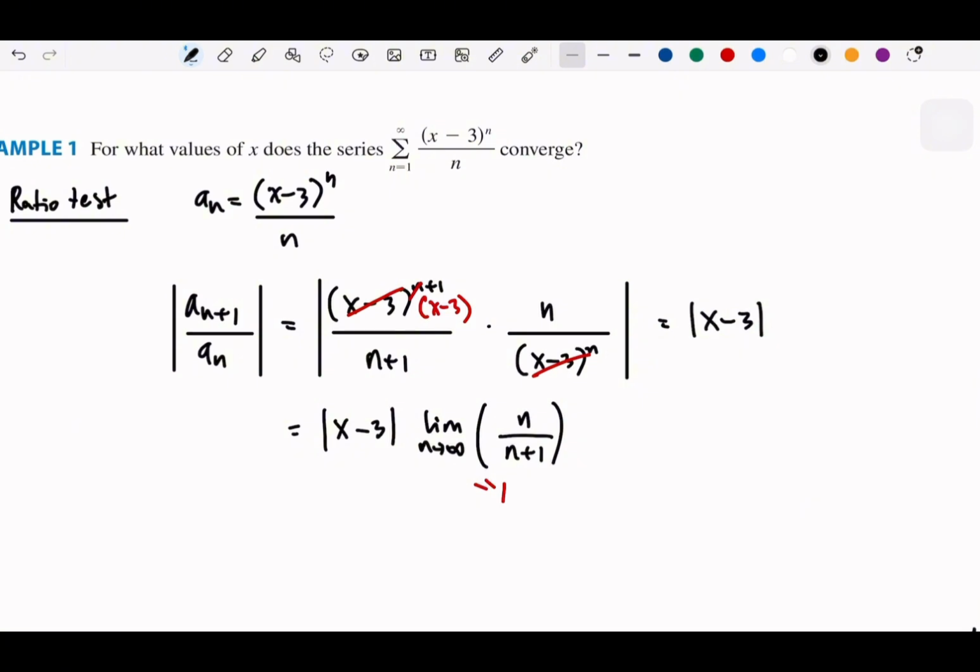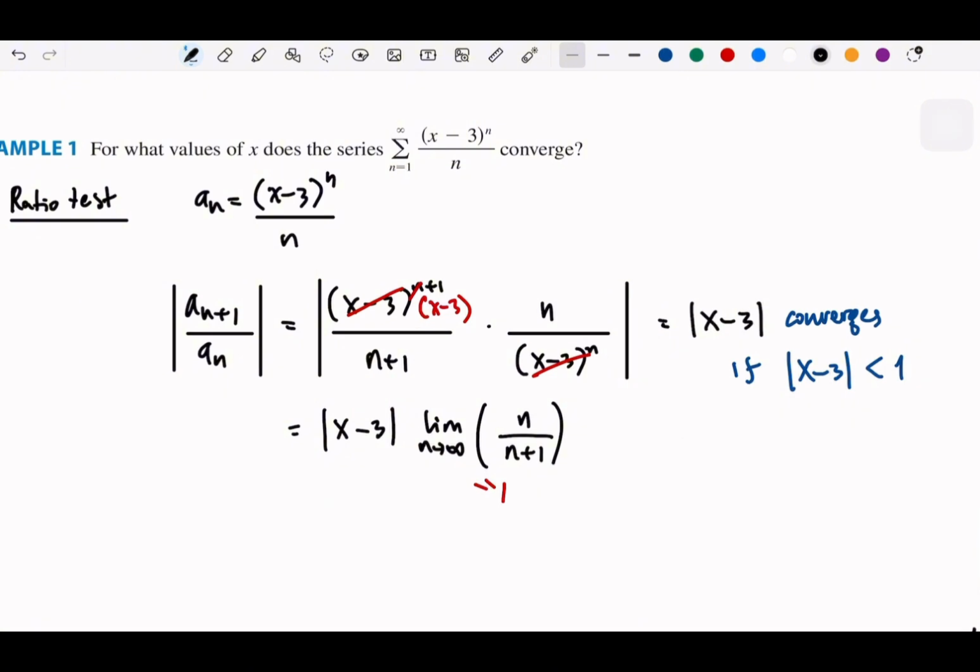Because we would like to know the interval of convergence, we need this to be less than 1. So this will converge if the absolute value of x minus 3 is less than 1.